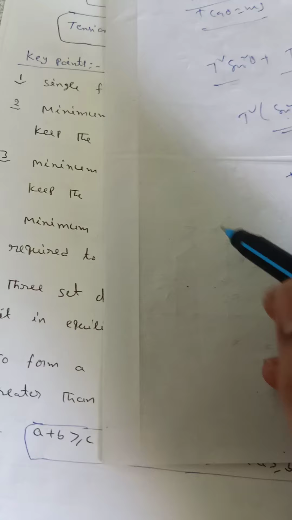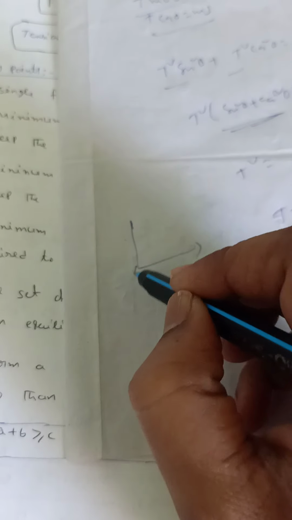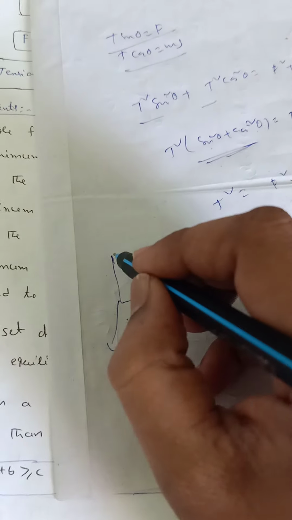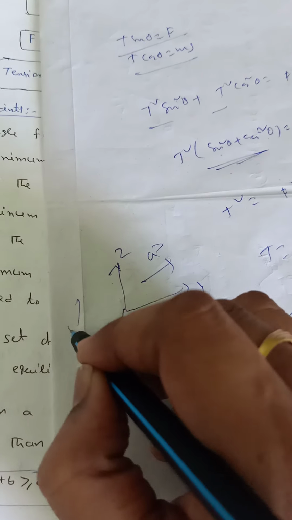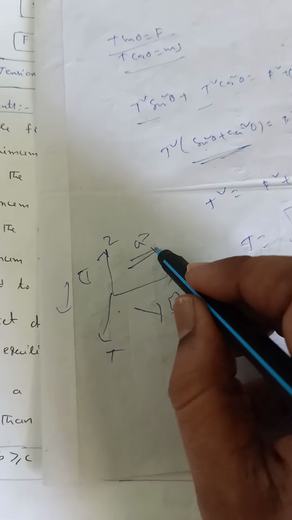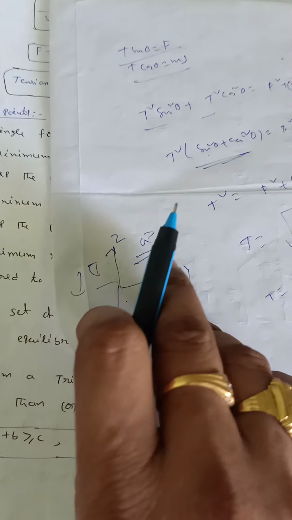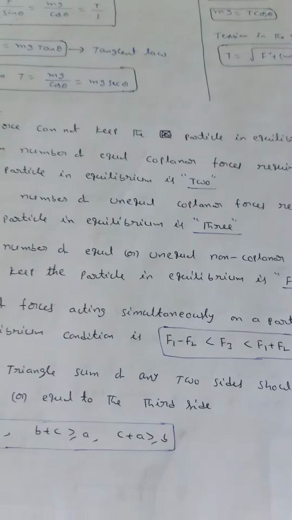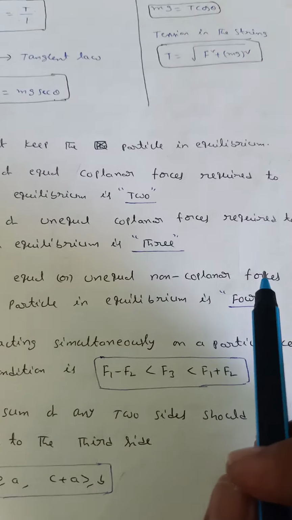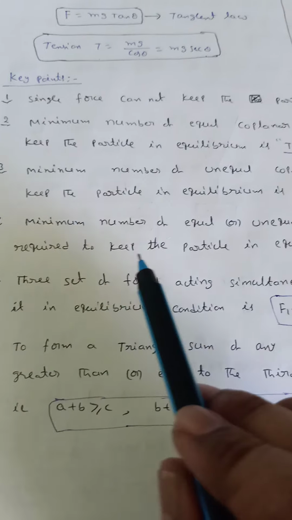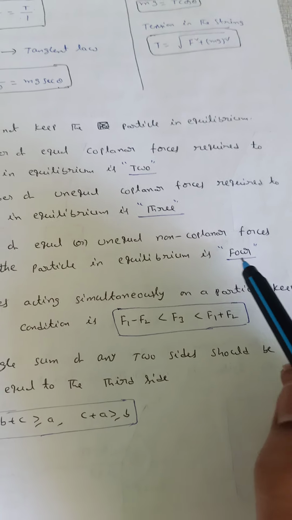For example, along x, y, z, these A bar, B bar and C bar are non-coplanar forces. The minimum number of equal or unequal non-coplanar forces required to keep the particle in equilibrium is 4.